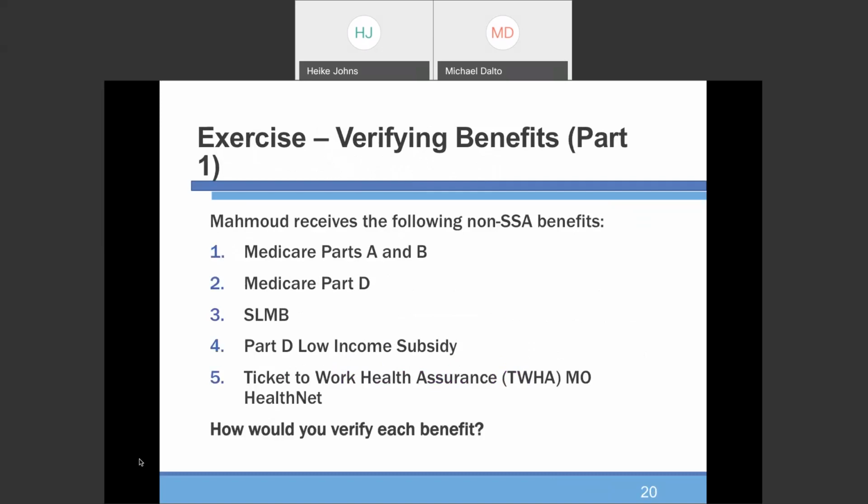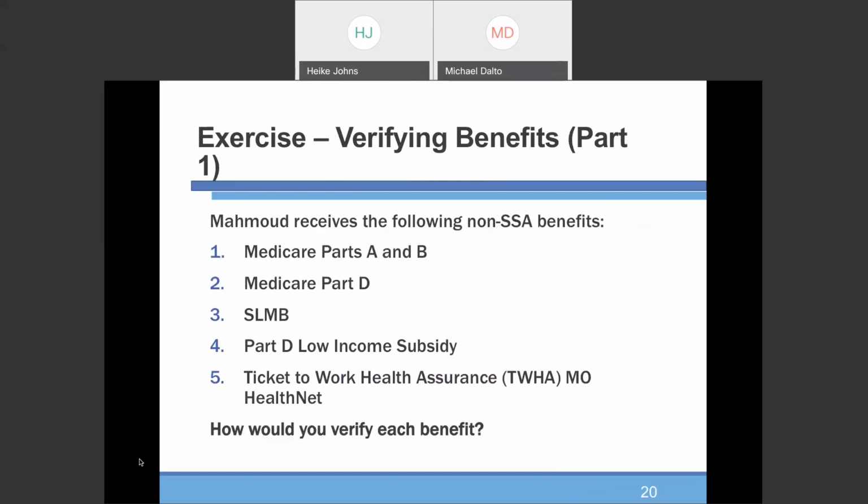So let's go through an exercise involving Medicare, Medicare Savings Program, Medicare Part D low-income subsidy, and Moe Health Net.